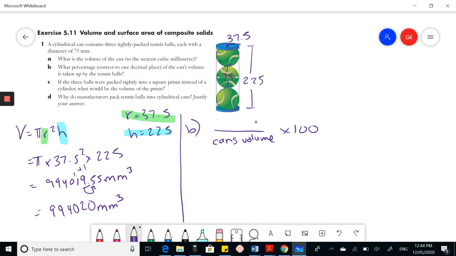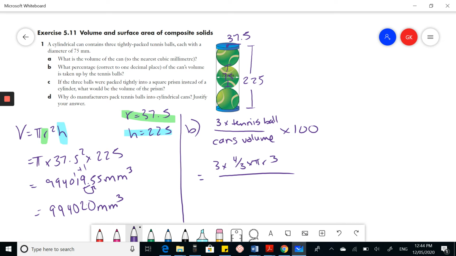So 3 times tennis ball. Now to do that, we just go, well, what's the formula for the tennis ball or the sphere? Okay, so we've got 3 times the volume of the tennis ball, which is 4 over 3 times pi r cubed.